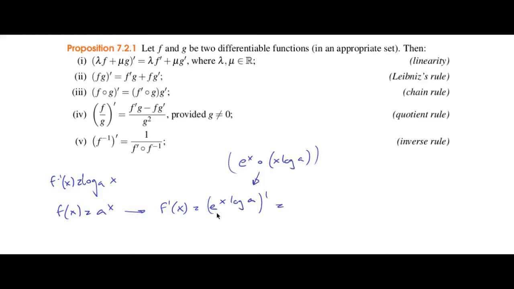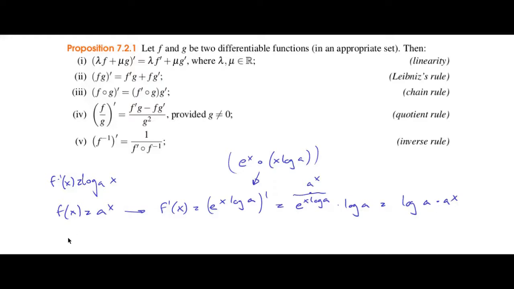The derivative of this is going to be e to the x, evaluated at x logarithm of a, or in other words a to the x, times the derivative of x logarithm of a, which is the logarithm of a. So the derivative is the logarithm of a times a to the x.